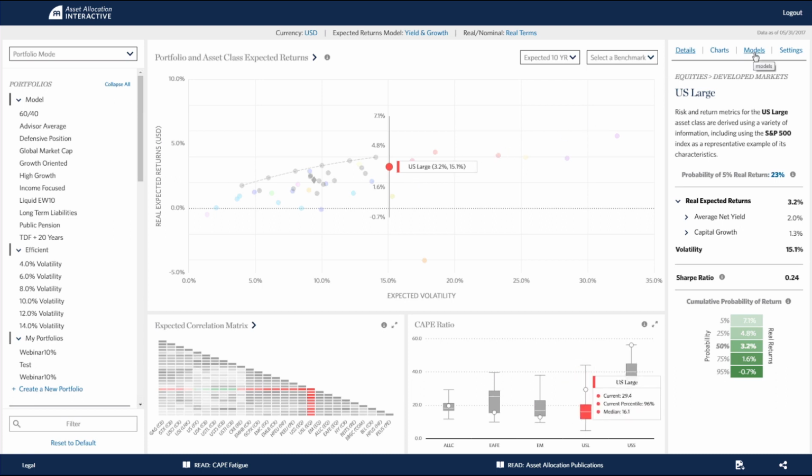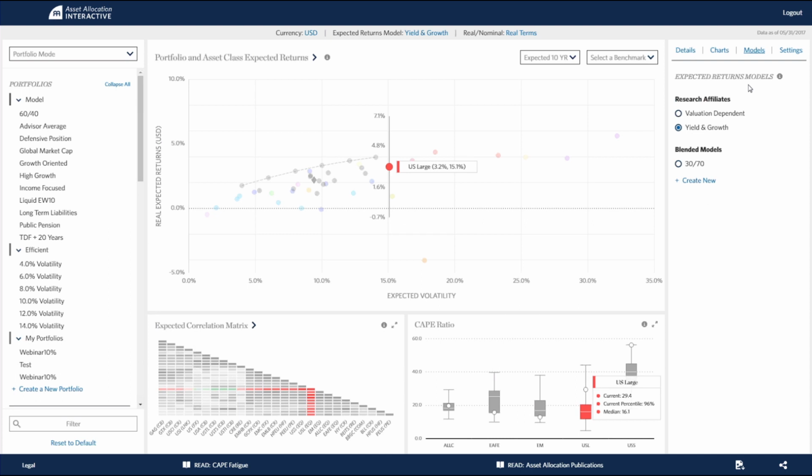And so for investors using this tool, they have a number of different options. You've got the valuation dependent, you've got the yield plus growth, or if you want to, you can create a blend. You can see here I've actually created a blend that's 30-70. I'll show you how to create one very quickly here, and we'll do a 50-50 blend and save it.